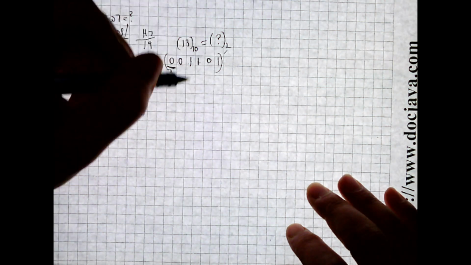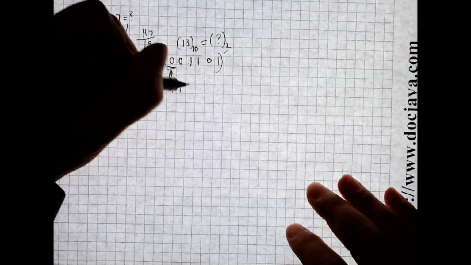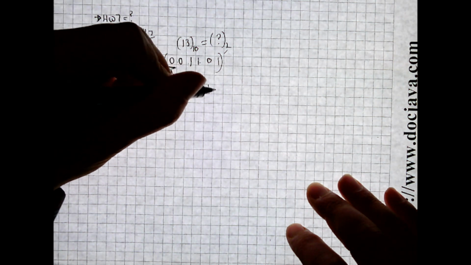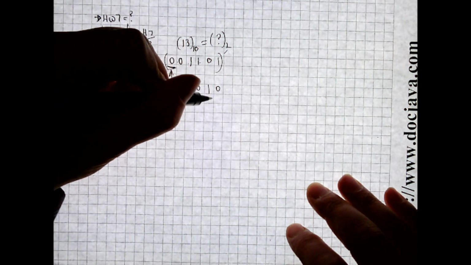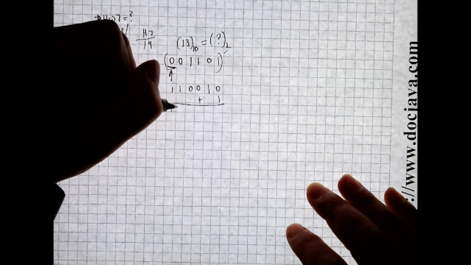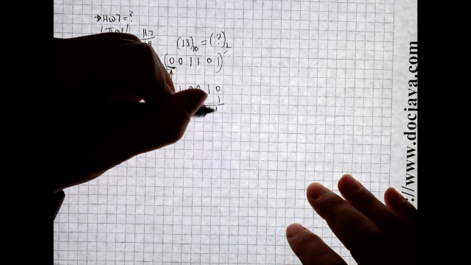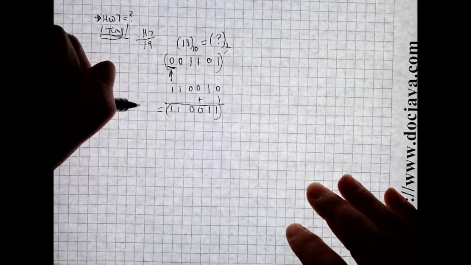If you did the 2's complement, then you'd have 1, 1, 0, 0, 1, 0 plus 1, and you would have 1, 1, 0, 0, 1, 1, and that would be equal to minus 13 base 10.